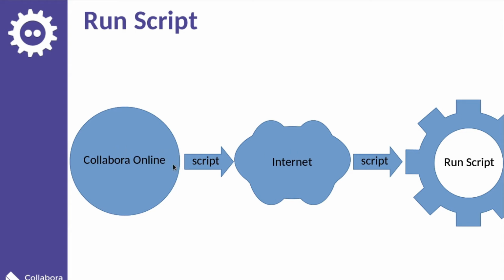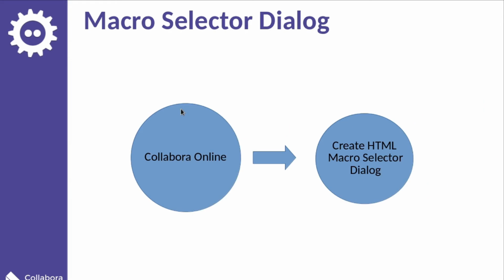If we send the same data, the script name, as an input parameter, the macro will be executed on the server side. On the client side, Collabora Online requires creating an HTML macro selector dialog as a user-friendly interface to interact with and select the Visual Basic macro to run.